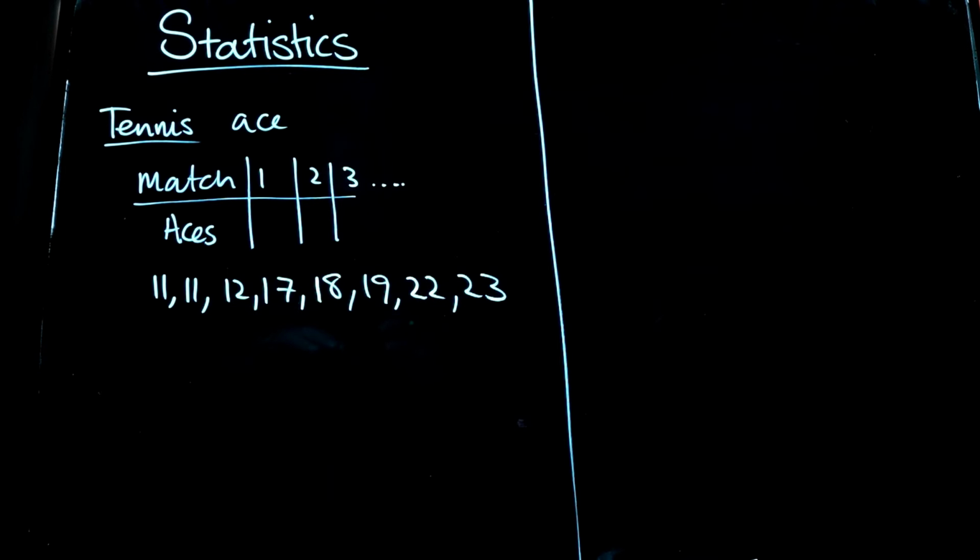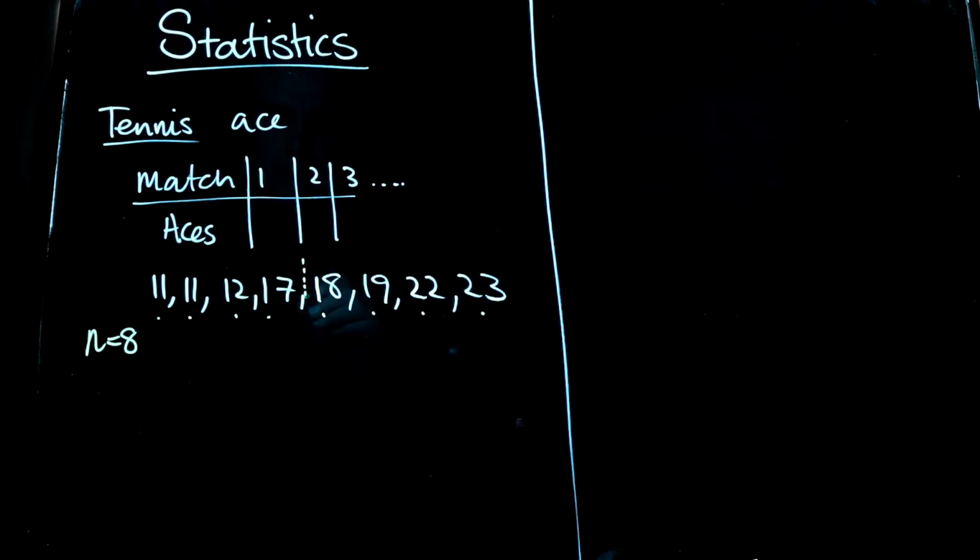I pulled it out into an ordered list, and I just want to reinforce a few ideas. And I'm wondering how many matches he played, because I'm counting up the data points here. 1, 2, 3, 4, 5, 6, 7, 8. So there's 8 of them. So the middle, if we counted it in, is going to be halfway between the 4th data point in this ordered list and the 5th.